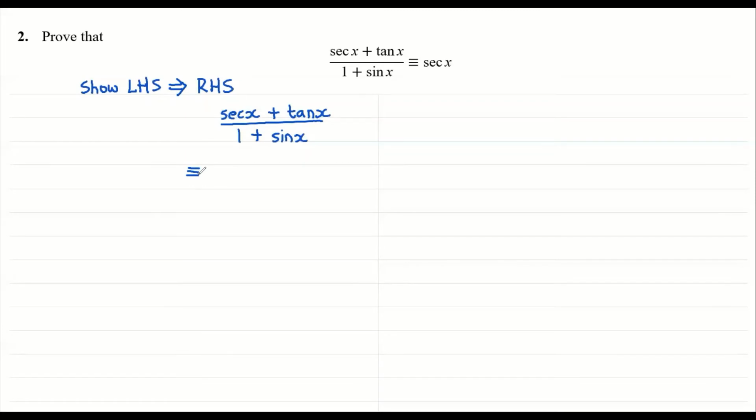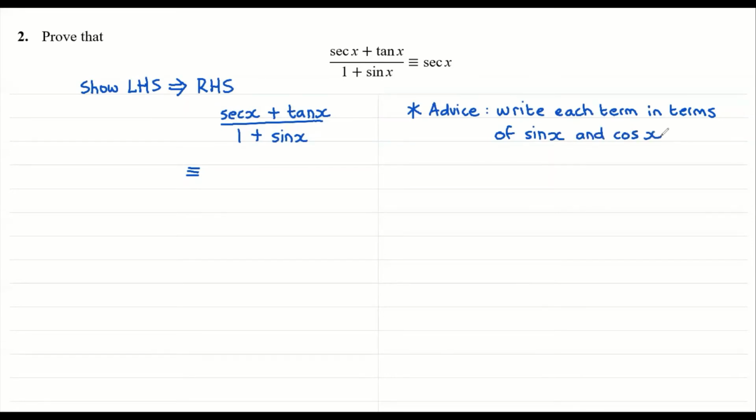It's a good idea, advice again, to write each term in terms of, in this case, sine x and cos x. Okay, the building blocks of these trig functions.